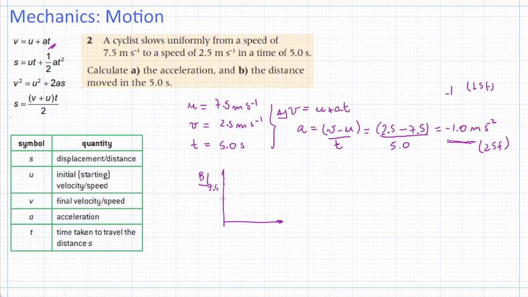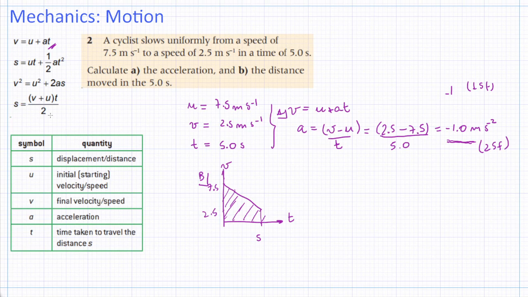I'm not caring about keeping this to scale exactly now, just sketching a graph. Okay, so let's say this is your deceleration, right? And then this is velocity against time, and this time here would be 5. So if you calculate the area of this graph, you should get your distance.